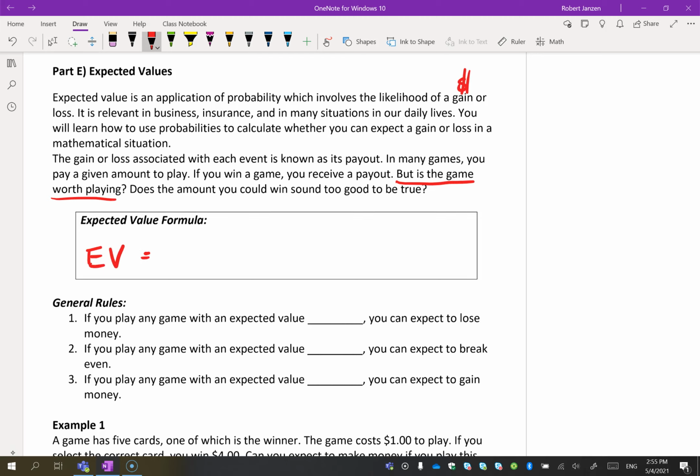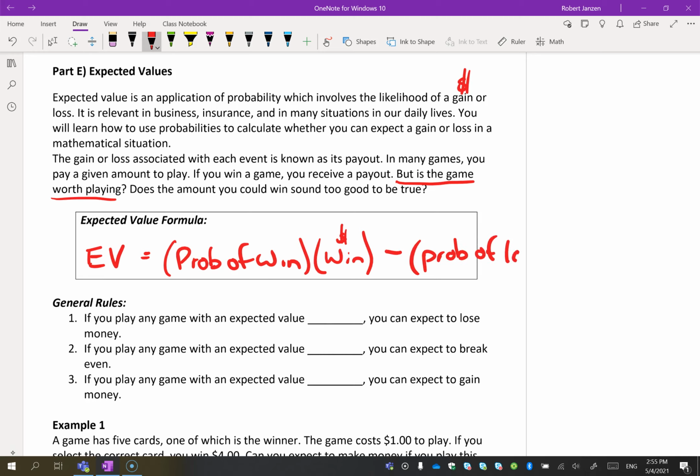Expected value is calculated by taking the probability of winning the game and multiplying it by how much you would win, so the dollars you would win, and then we subtract the probability of losing times how much you would lose.